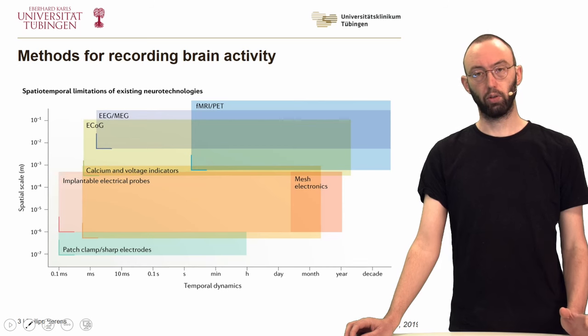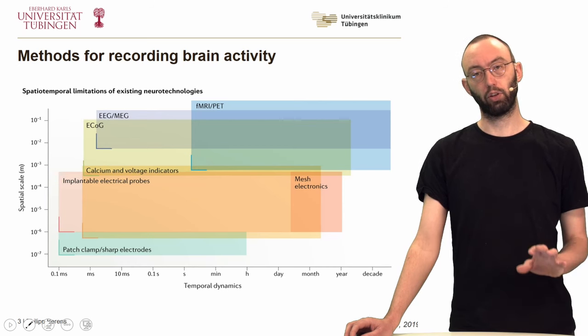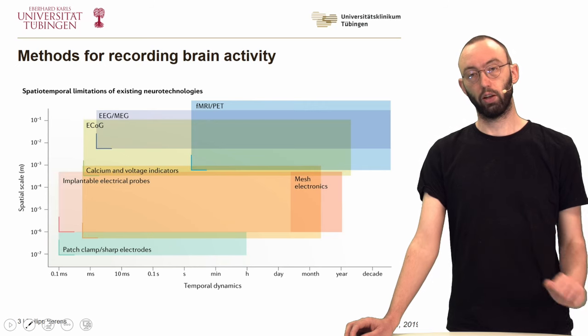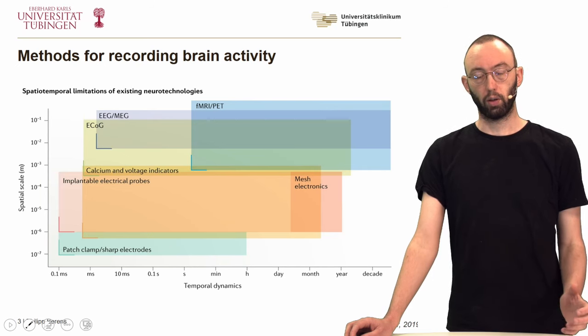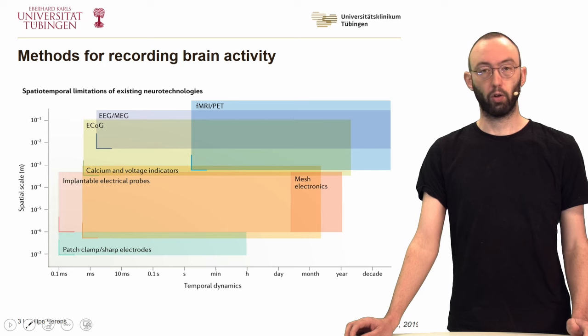We will also talk about imaging techniques, but rather imaging techniques that also work on that level of individual neurons, for example, using calcium indicators or voltage indicators.